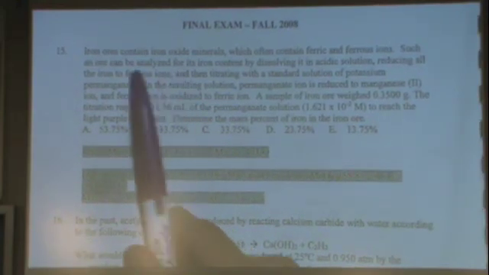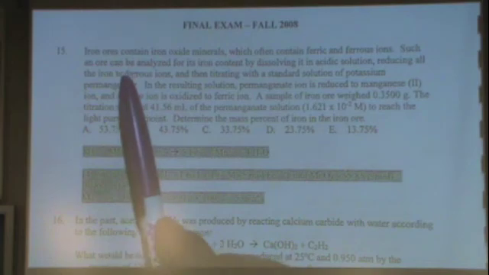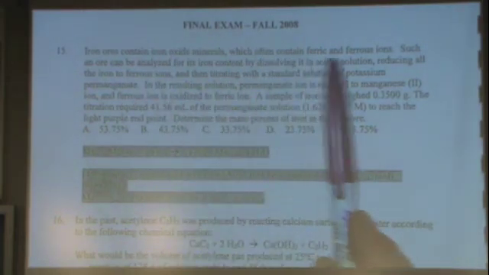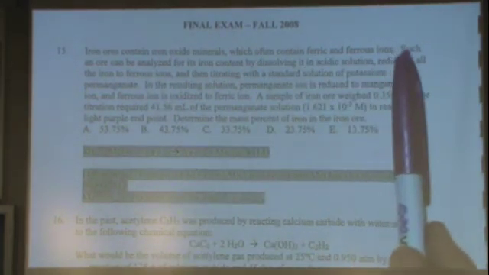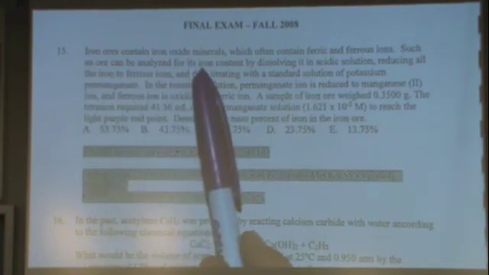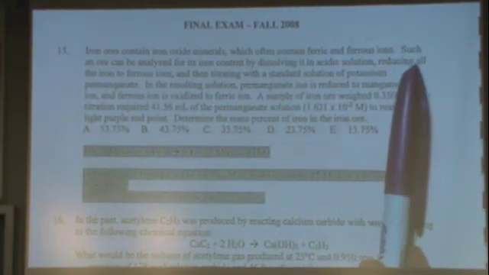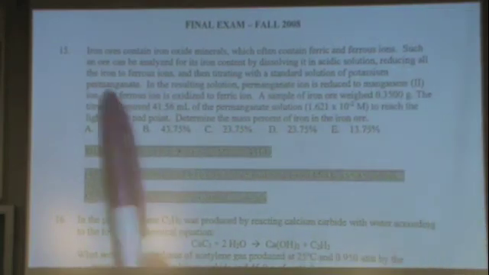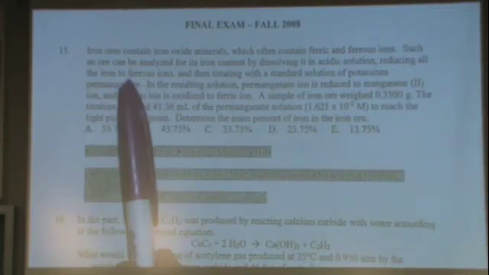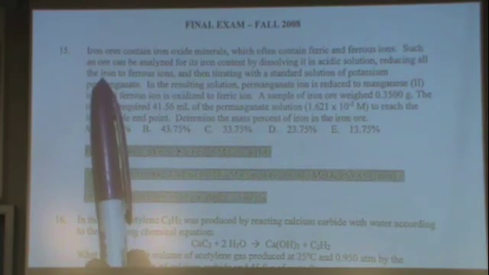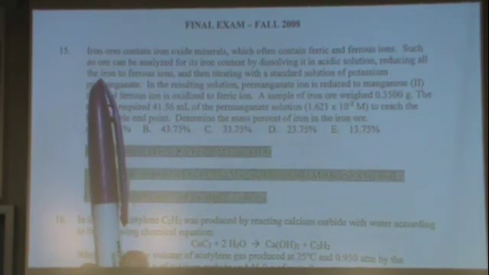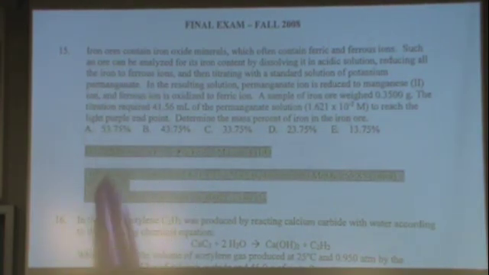So, iron ores, a lot of this is ridiculous material, contain ferric and ferrous ions, that's iron 2 and iron 3. Such an ore can be analyzed for its iron content by dissolving it in acidic solution. Okay, that's unhelpful for you also. For the most part, reducing it to iron. Reducing iron, here we go. This is the first important thing it says. Iron to ferrous.